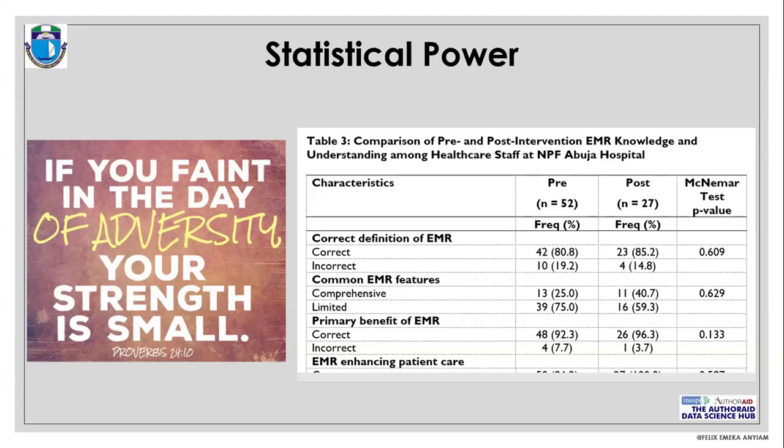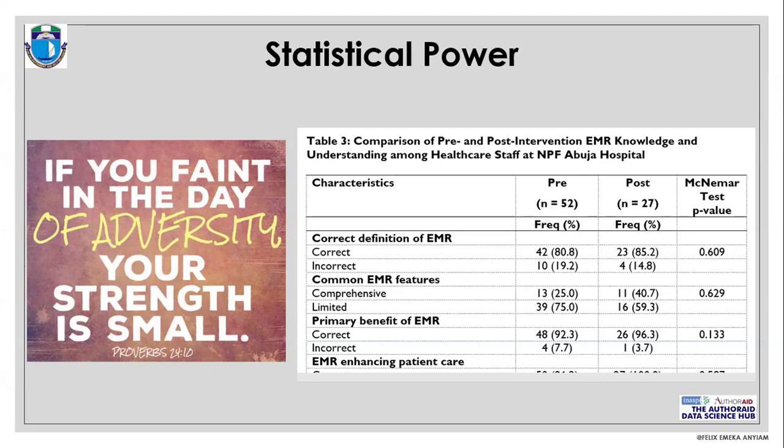So one of the ways we can correct this, we will probably do that in the next training in Lagos, is to ensure that we have all of the participants for that training fill the pre and the post. If we're able to get everybody filling this, then we would have enough power to show a significant difference if there is truly one in that association.